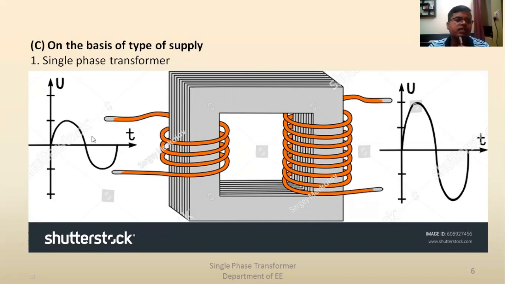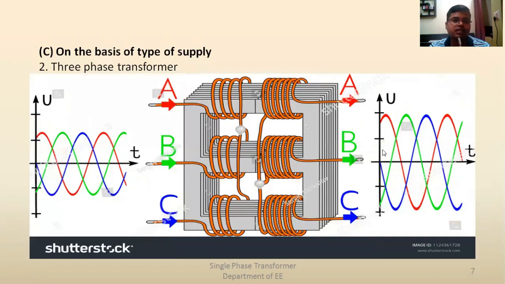So in single phase transformer, we give input as a single phase AC supply, and we also get the output as single phase AC supply, but having voltage level changed, keeping the frequency of input as well as output same, okay.